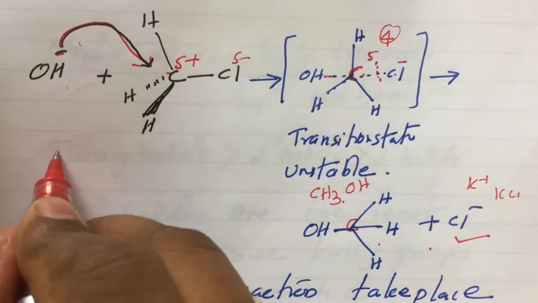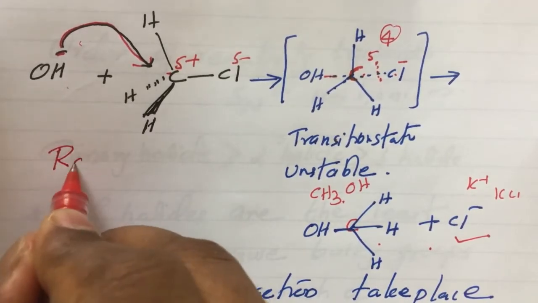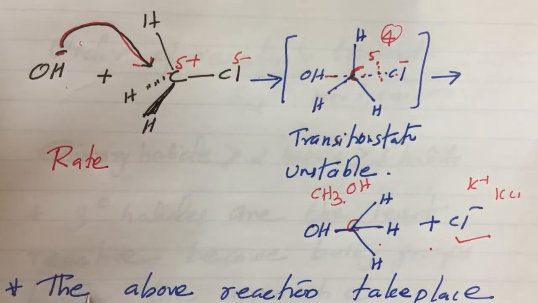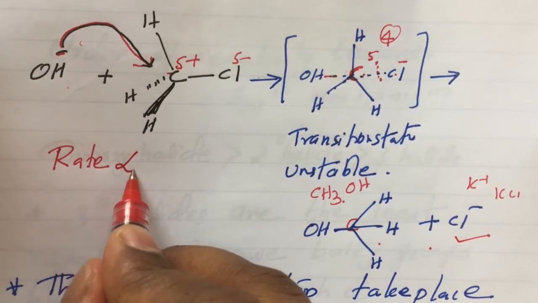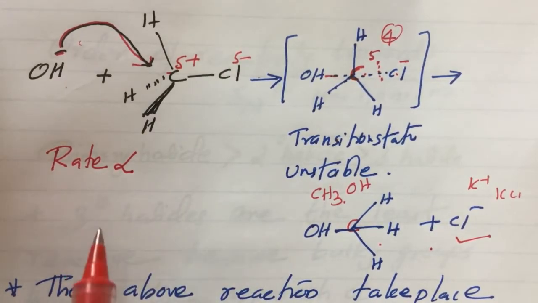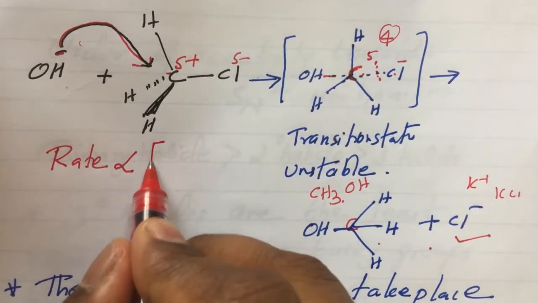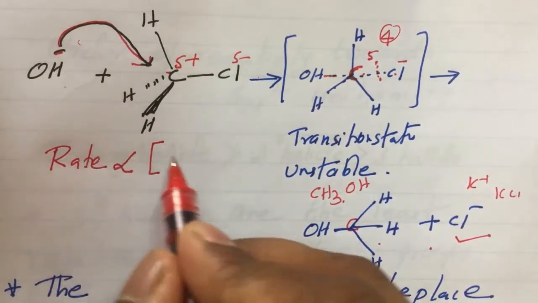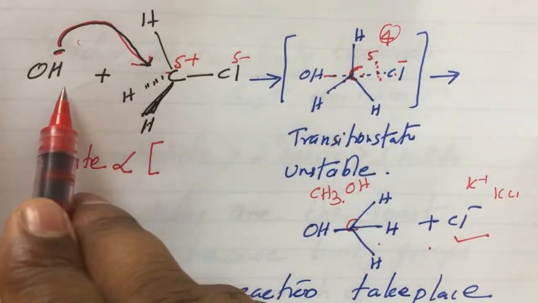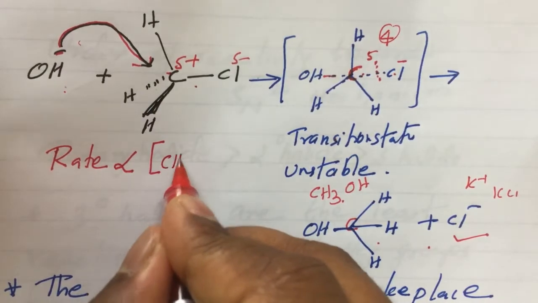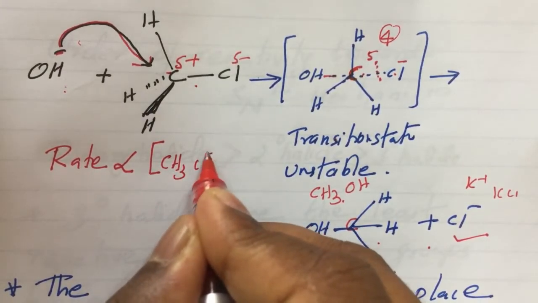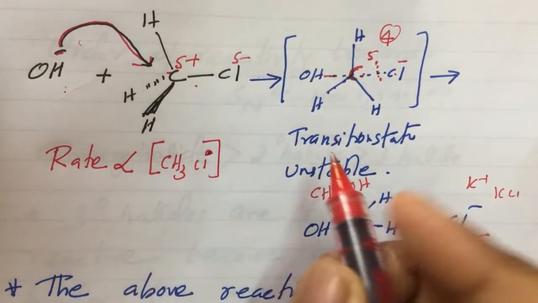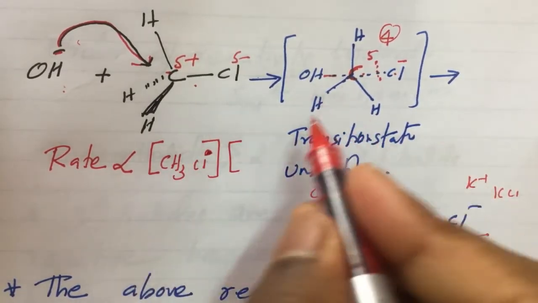Then according to chemical kinetics, what about the speed of this reaction? You learned in chemical kinetics that the rate of a reaction is always directly proportional to the concentration of reactants. Here there are 2 reactants: one is the alkyl halide, CH3Cl, and the second reactant is KOH.